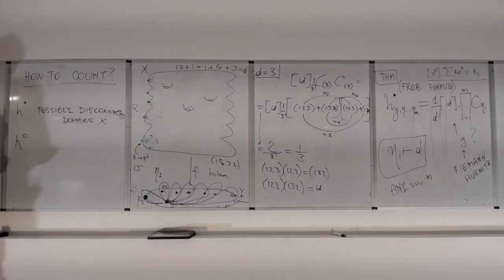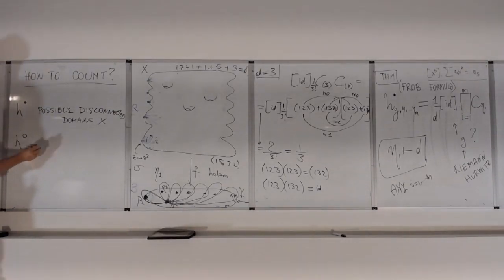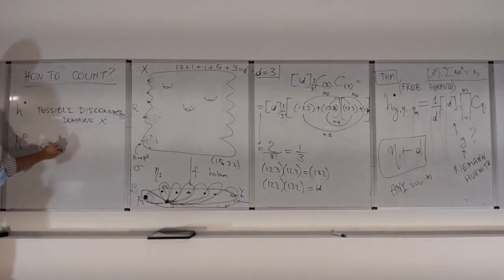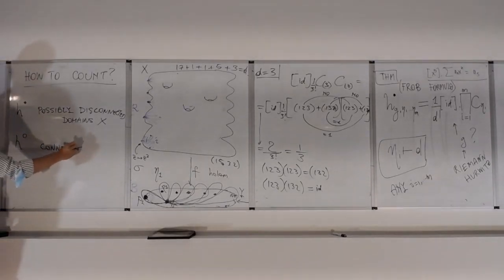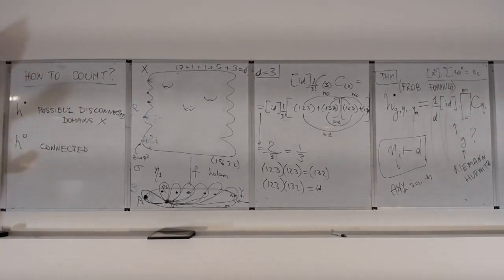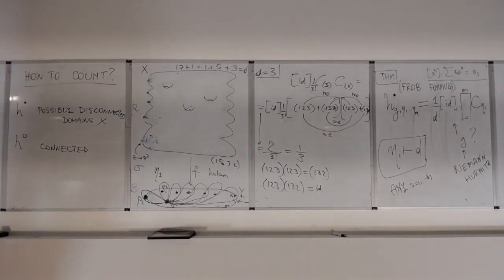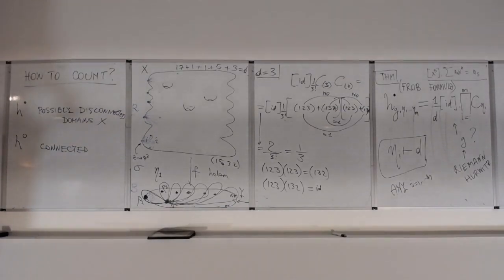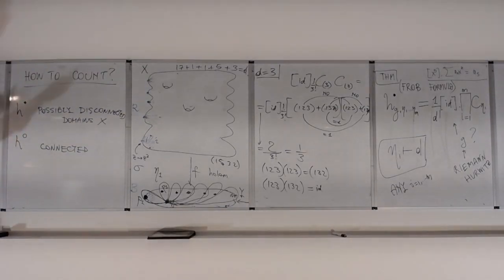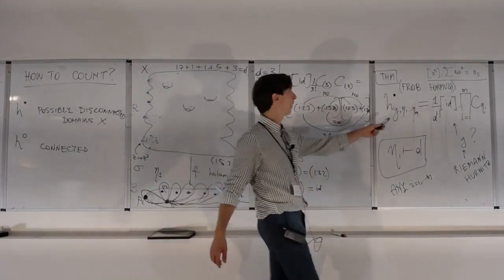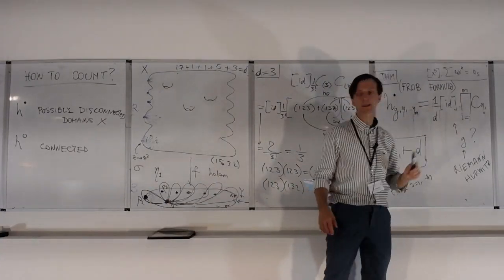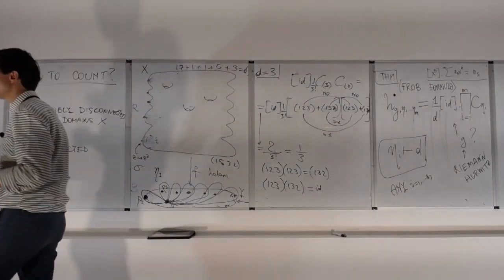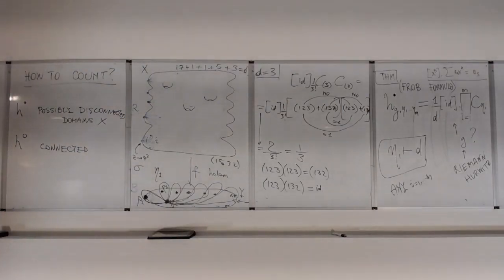And H with a circle like that is connected. This notation was, I think, initially used by Pandharipande or Okounkov, do you know? I think it was their paper. I don't know of any paper before that. So this is the theorem for possibly disconnected ones. And now you can ask, how do you count connected?